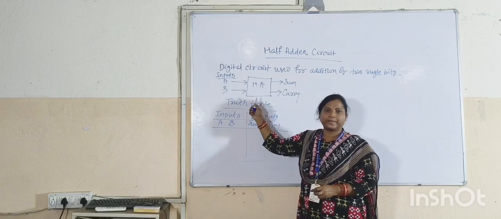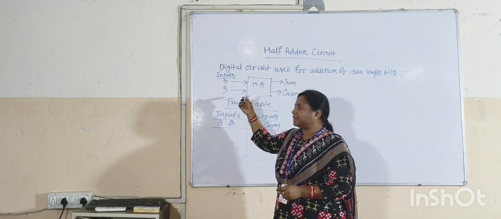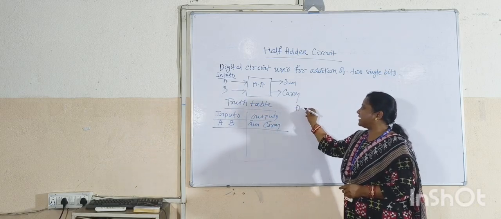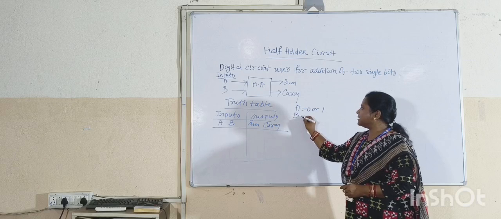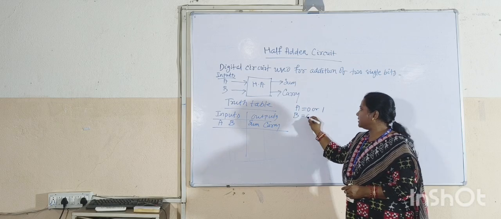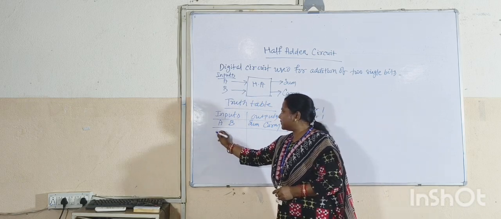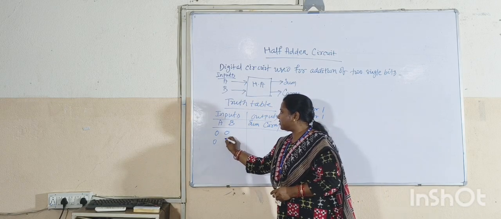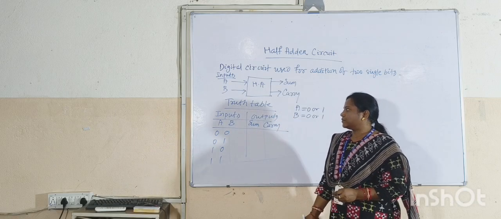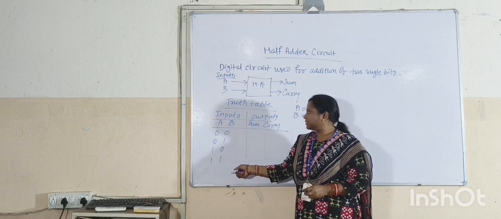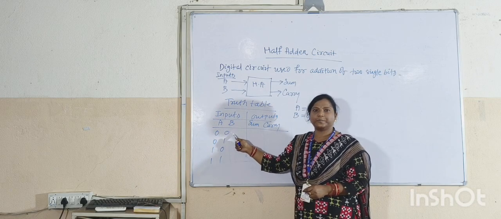For 2-bit addition, what are the possible combinations? It is a single bit addition, that means the A value can be 0 or 1. B is a single bit, that means B values also can be 0 or 1. So what are the possible combinations? That may be either 0 0, 0 1, 1 0 or 1 1. These are the possible inputs, and for sum and carry we need to add these two bits.